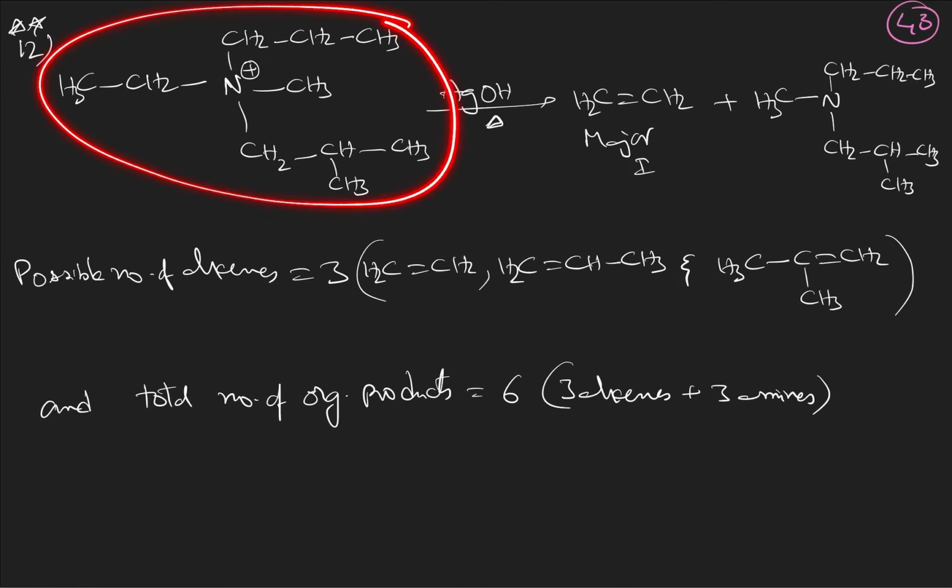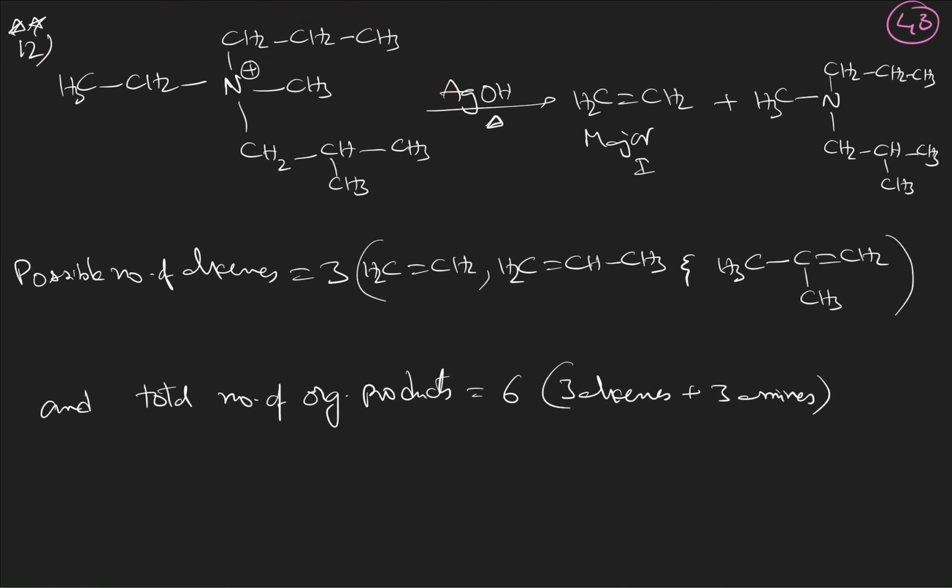It is a quaternary ammonium salt. This in presence of base, followed by heating, will also undergo elimination reaction. And see, nitrogen along with the three alkyl groups will be the leaving group.